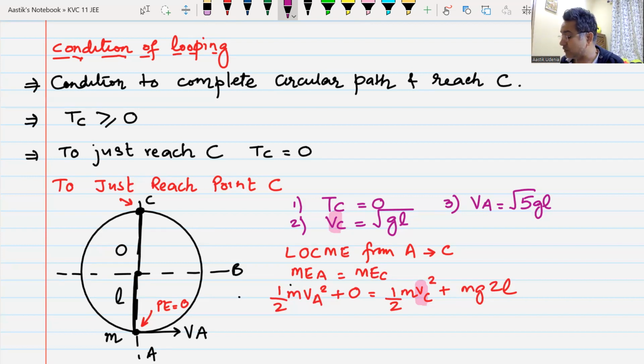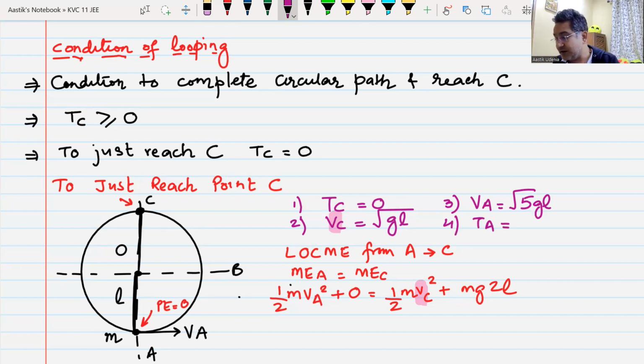Now, once I know the velocity at point A is root 5 gL, I can find out the tension at point A. I'm not going to tell you how it is done because we have already covered it in the previous class.